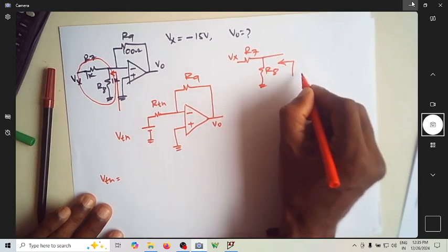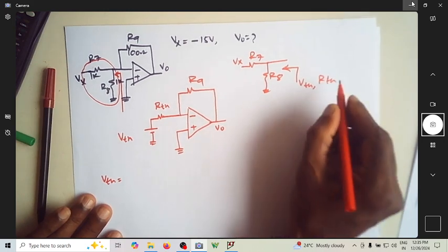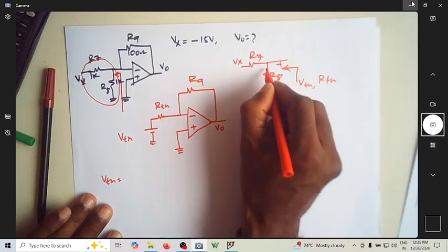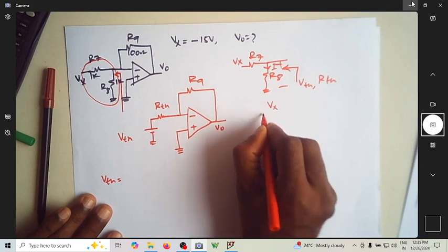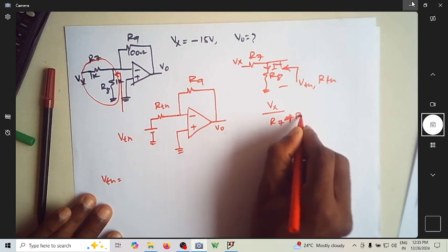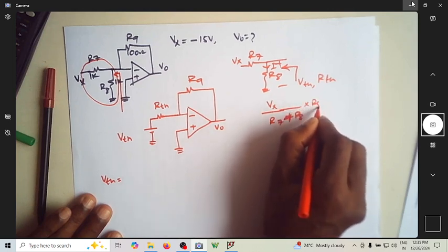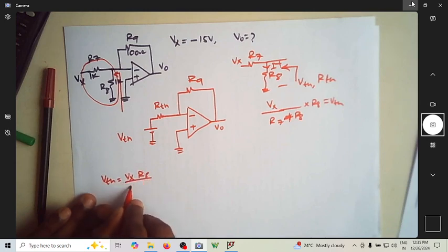If I measure what is the voltage here, it's actually I into R8. So what is I? It is Vx by R7 plus R8, and I multiplied by R8 is my VThevenin. So VThevenin is actually Vx into R8 by R7 plus R8.